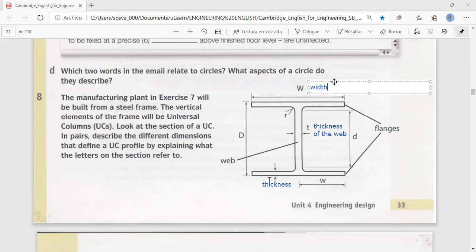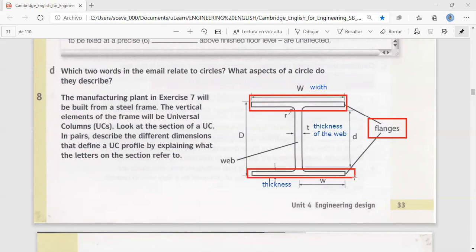Well, the width of the flanges. Remember, let me write in here. These flanges are these bars from the bottom and the top. Those are the flanges. So this W refers to the width of the flanges.